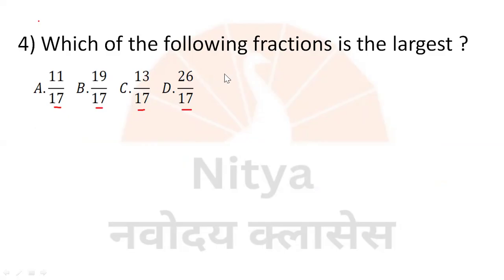So when like fractions are there, we know that where the numerator is greater, that is the greatest fraction. If the numerator is smaller, that is the smallest fraction. So here 26 by 17 is the largest fraction among all.